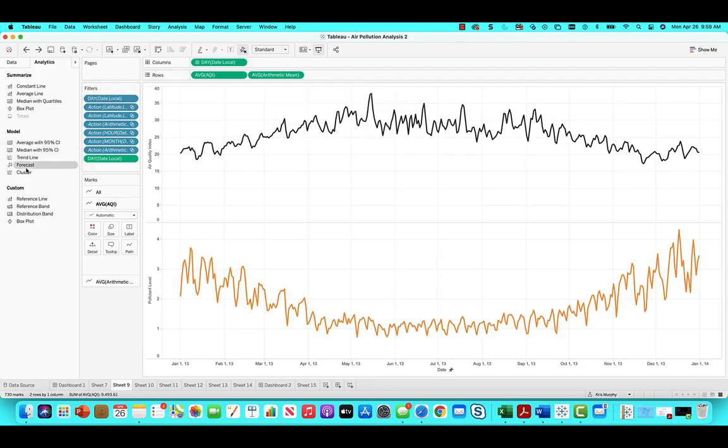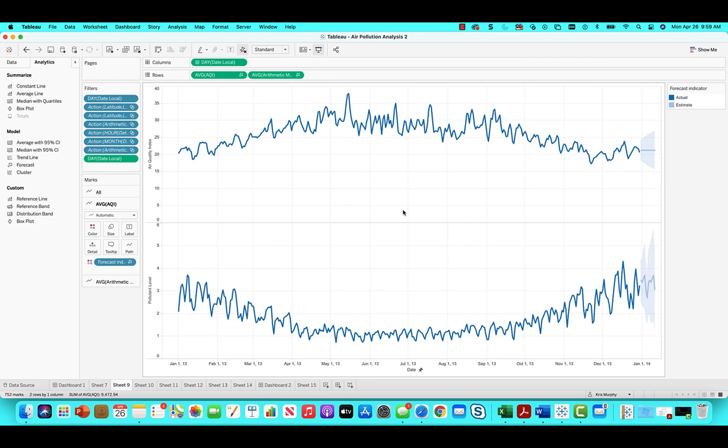We covered them all. Let's go to forecast. Forecast. Ooh, it's exciting. Voila! It shifted it over. It forecasted out a period. Showed what it might be going outward in that regard. It shows actual estimate with the 95% confidence intervals. Okay. That was interesting. Out of the box forecasting.